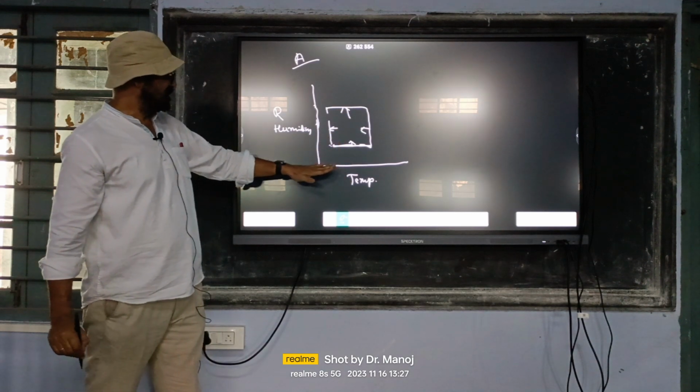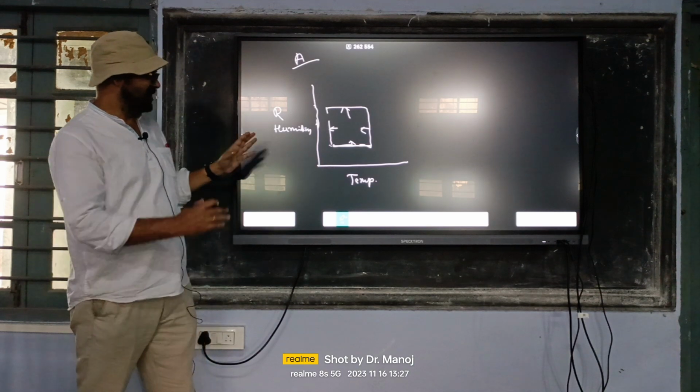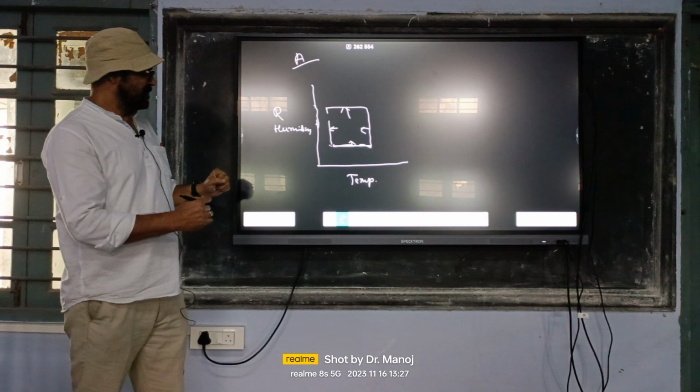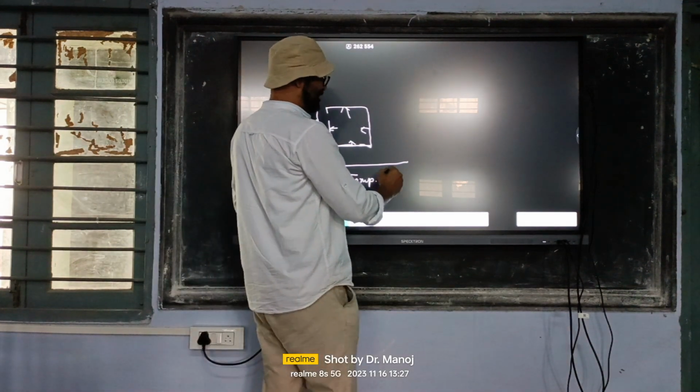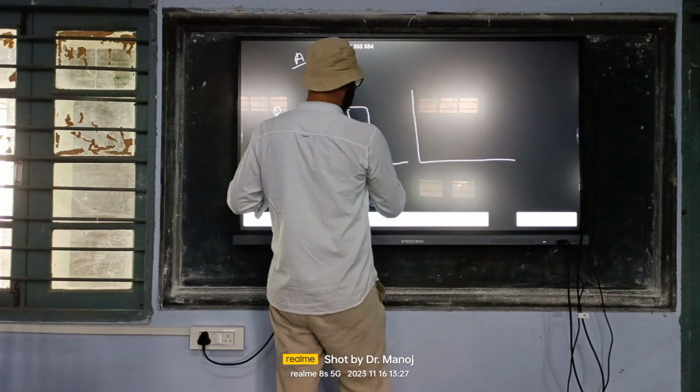Temperature and humidity are not independent, they are dependent. Tolerance to high temperature will be associated with an increase in humidity.